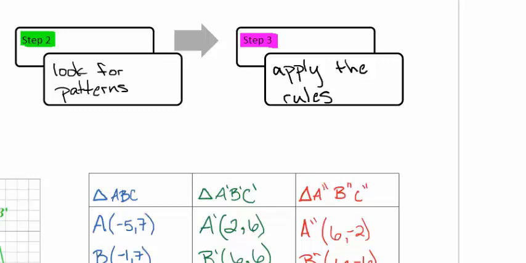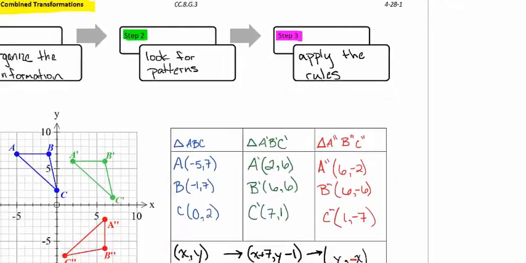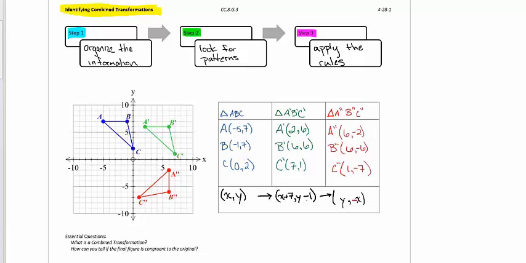So if we look down here, from x, y goes to x plus 7, y minus 1, we know that this is what the rule looks like for a slide. And then if we look from the first transformation to the second transformation, we know that if the x and y coordinates switch, we're dealing with some type of rotation or some type of turn.